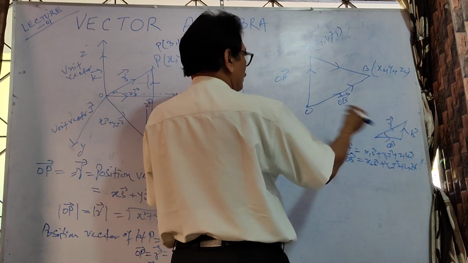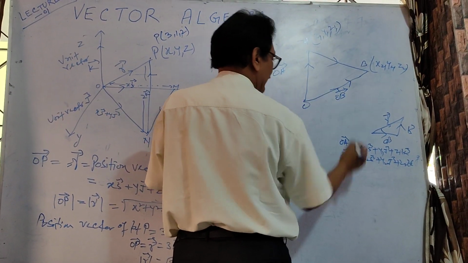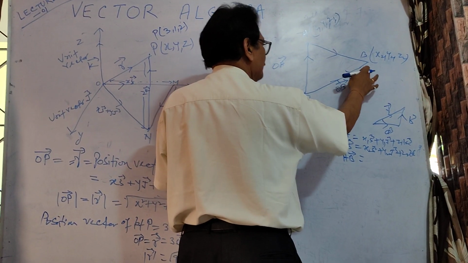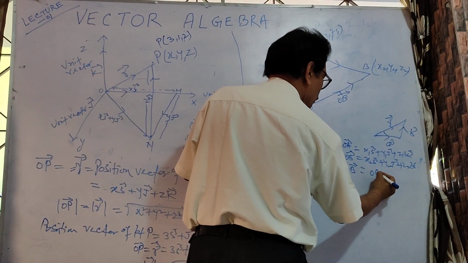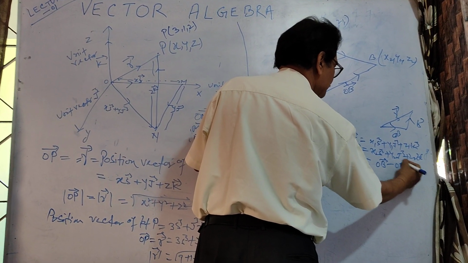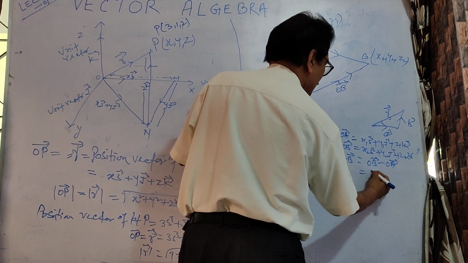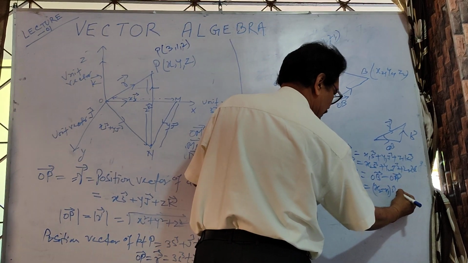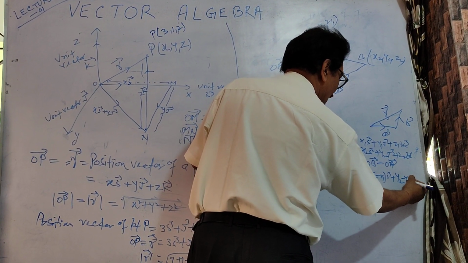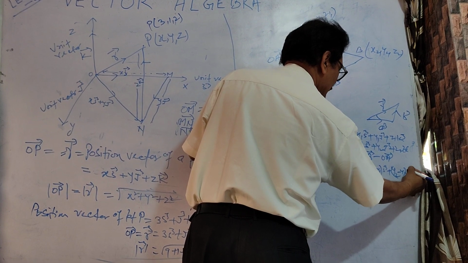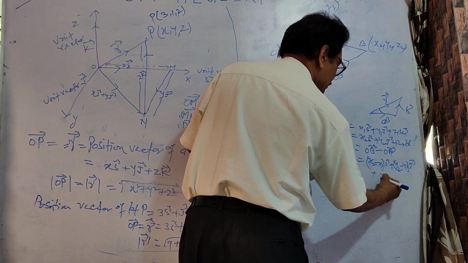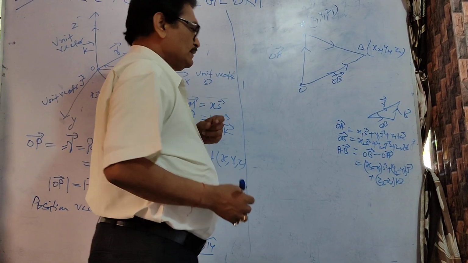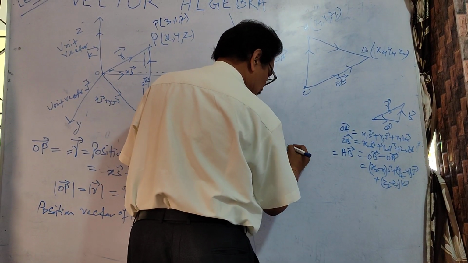So this AB may be written as AB is equal to OB minus OA. So we can write (x2 minus x1) i plus (y2 minus y1) j plus (z2 minus z1) k. This is the displacement vector.